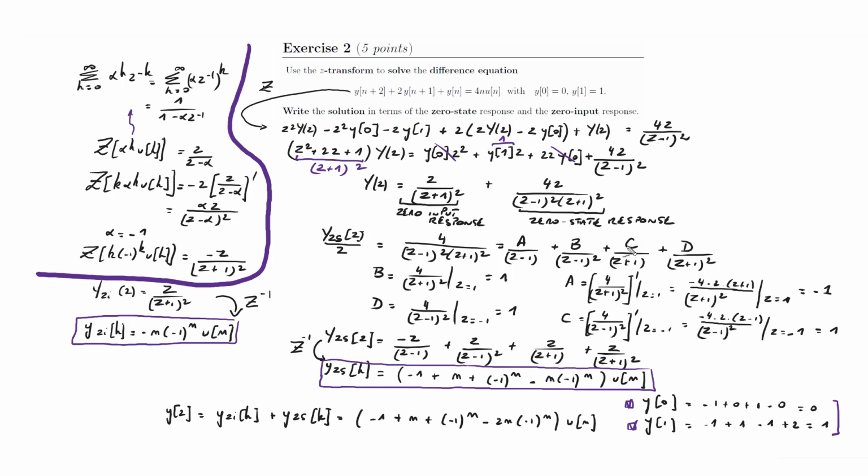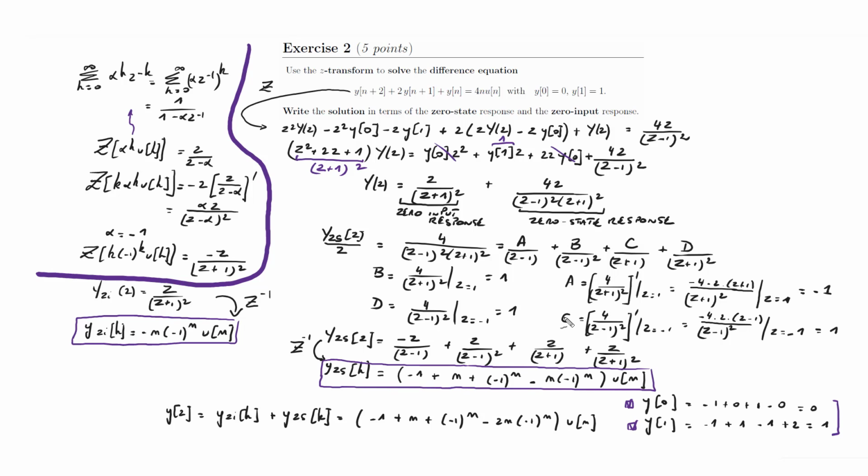For A and C, there are different ways to proceed, but one way is just to say, well, you multiply for A, for instance, by (Z-1)^2, you're left with this one, and then you take the derivative with respect to Z and you evaluate it at Z equal to 1. If you do so, you will see that A is equal to -1.